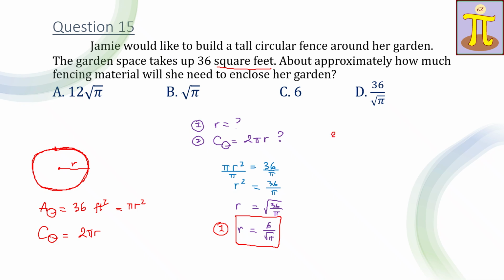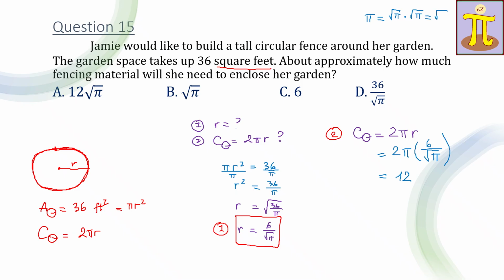Now step number 2, you will have to plug in. We got the circumference of the circle equals 2 pi r, and r is 6 over square root of pi, and then this equals 2 times 6 is 12. Now pi is equal to square root of pi times square root of pi.